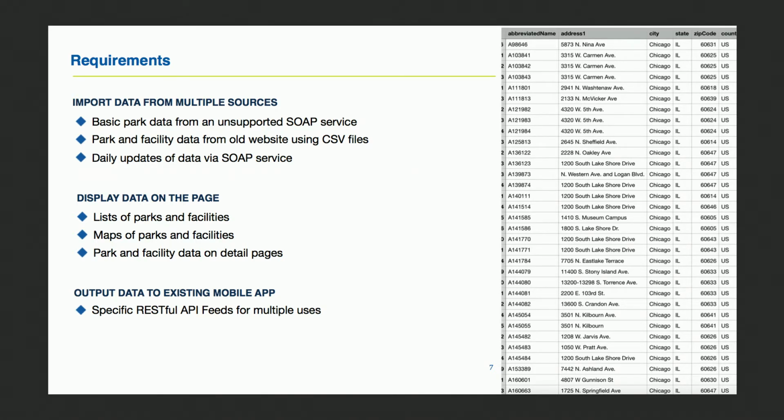And we might want to mention that for various reasons, the phone app was unable to be updated to match any changes in the RESTful API. So the RESTful API that we had to create for the new Drupal 8 site needed to match exactly, character for character, the formatting of the old API. So we had constraints on both ends.